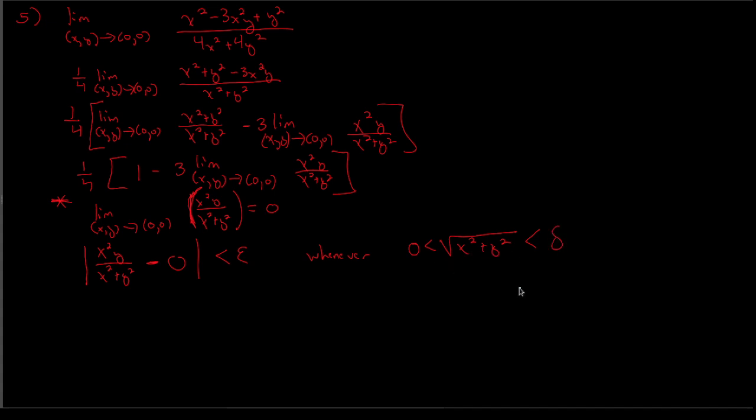Any x squared plus y squared vector. So we'll take this limiting process and rewrite this as square root of x squared plus y squared is less than delta. And what we'll note is everything is going to be positive coming out of here except y. So we'll change this to x squared times the absolute value of y over x squared plus y squared is less than epsilon.